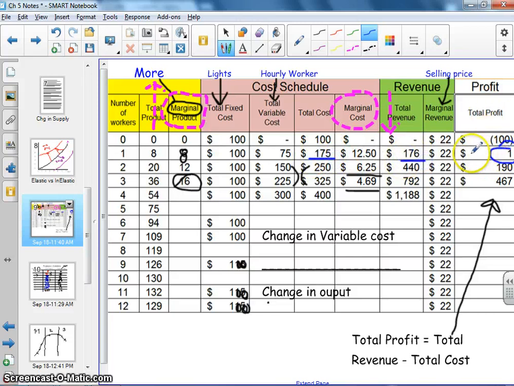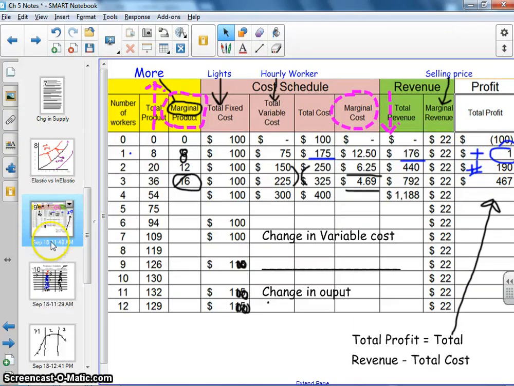When your total profit is a positive number, you know you've broken even. In this example, we break even at 1 worker. That may not be the case in other homework assignments or in an actual business, but in this hypothetical example, the company breaks even at 1 worker.